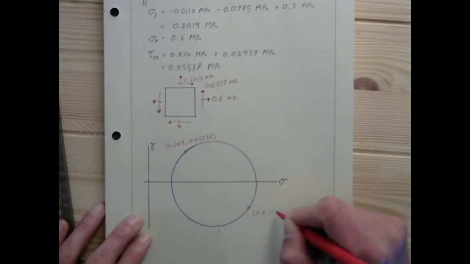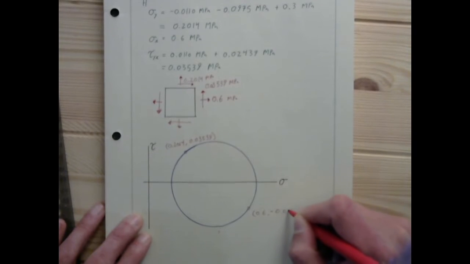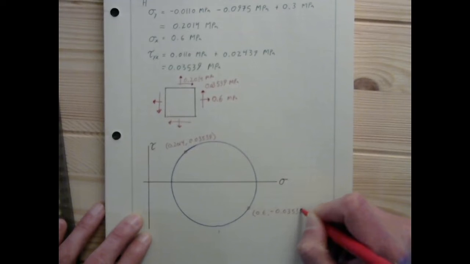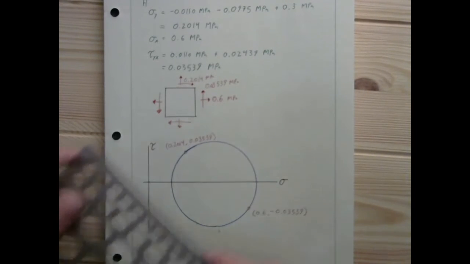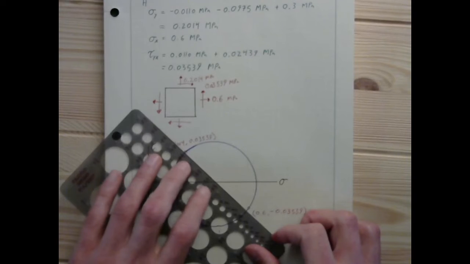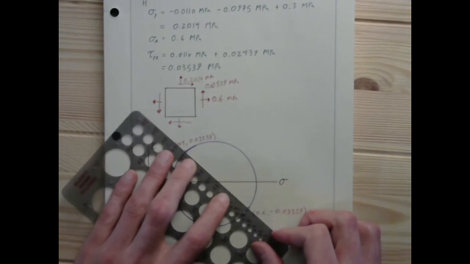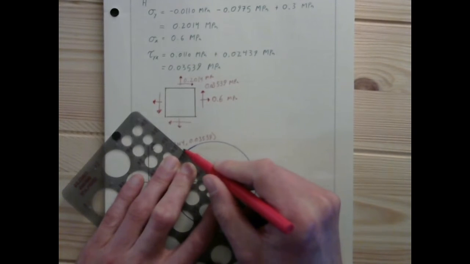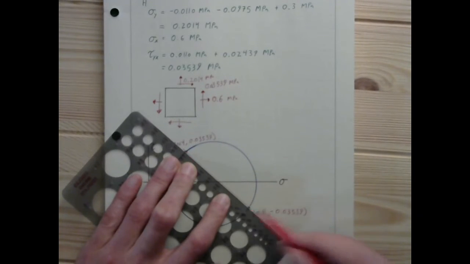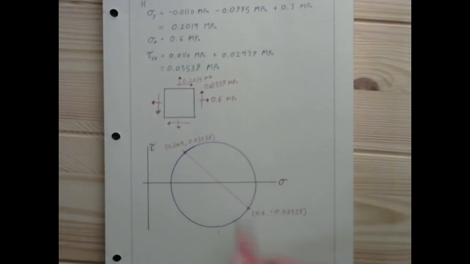And then negative 0.03539. And then we can just go ahead and connect them. And I guess our starting points are in red. Okay. It wasn't perfect. That's not the center.